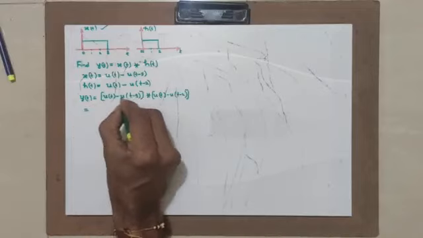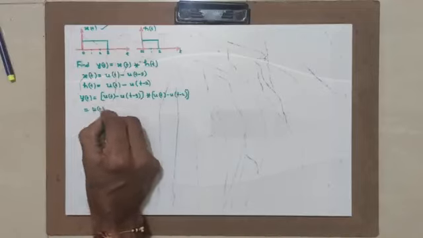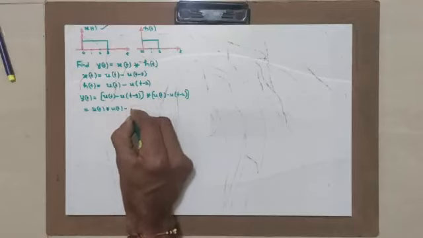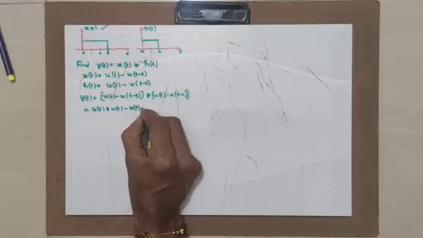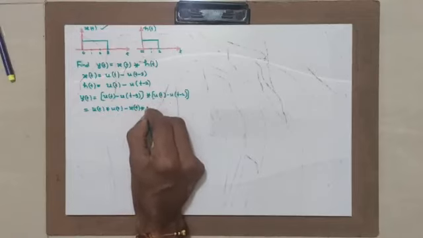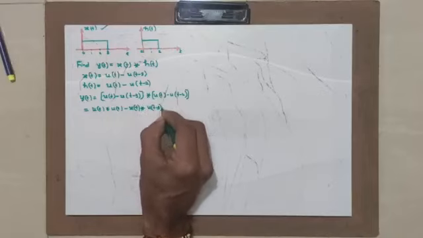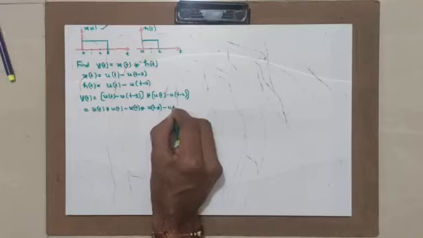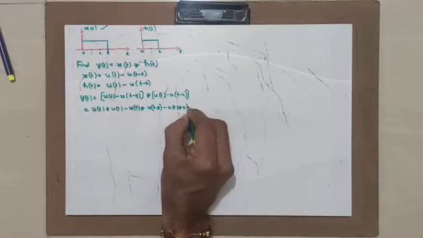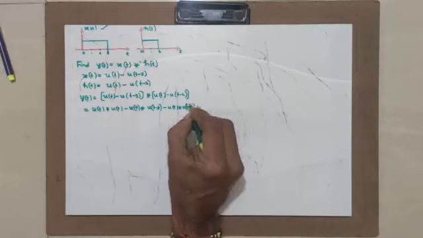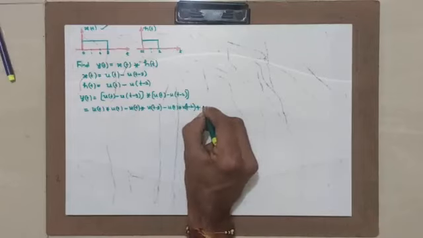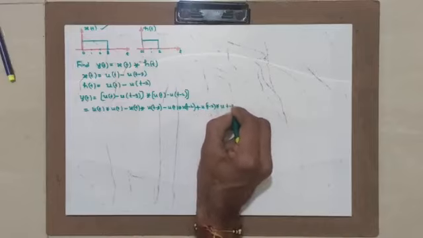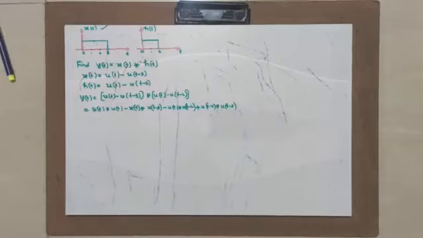Let me take this inside. u of t convoluted with u of t, minus u of t convoluted with u of t minus 2, minus u of t minus 3 convoluted with u of t, plus u of t minus 3 convoluted with u of t minus 2.